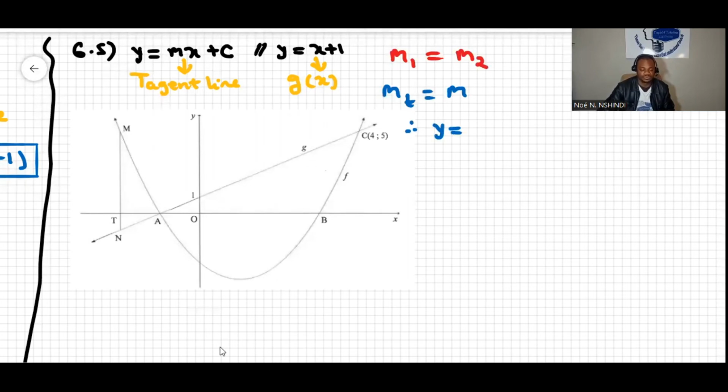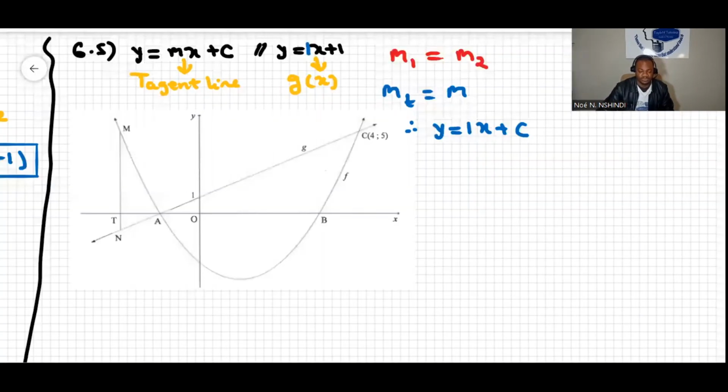So therefore, y will be equal to, the gradient of the straight line is just 1, so that's going to be 1x plus c. Now we need to find the value of c. How can we do that? Just to give precision here, m_t equal to 1, because of this one. Now, what else to find c?